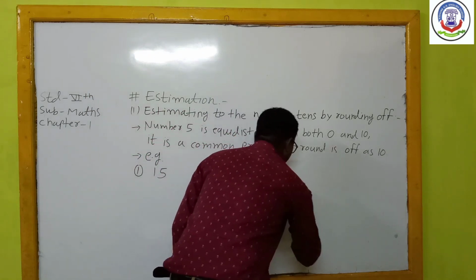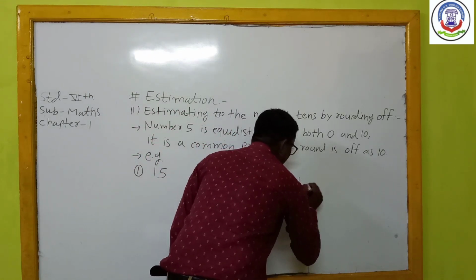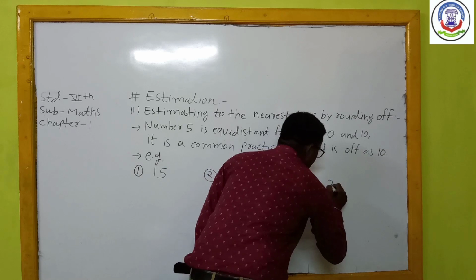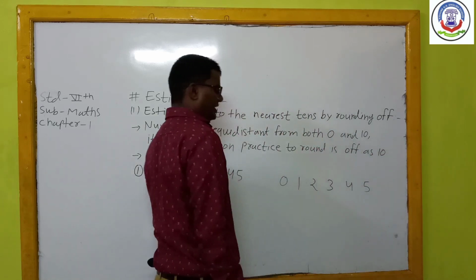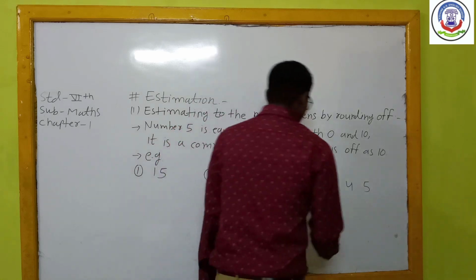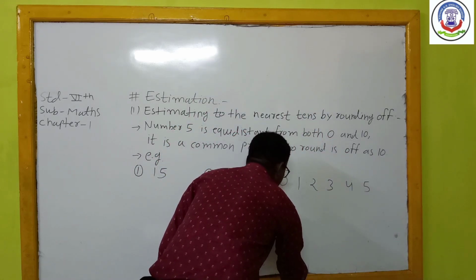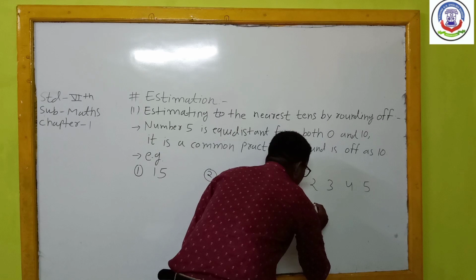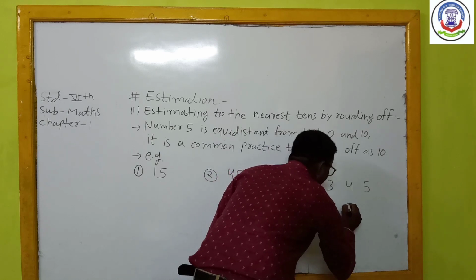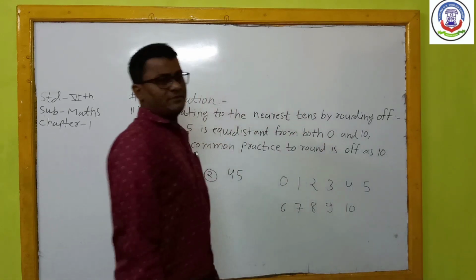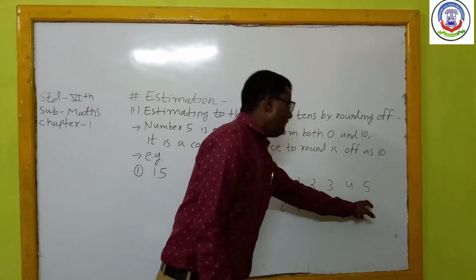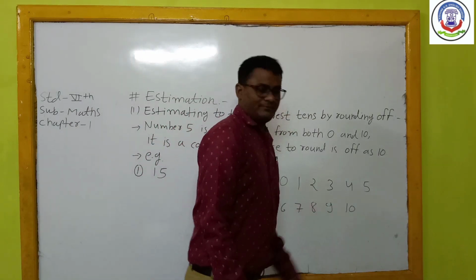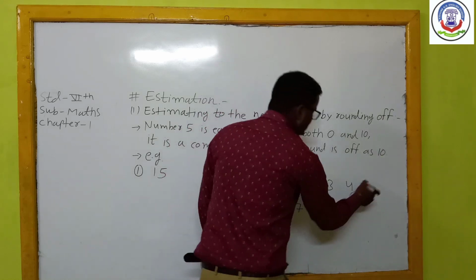Let's see, 0 1 2 3 4 5, 6 7 8 9 10. Okay students, let's see the distance of 5 from 0 and 10. We'll count.